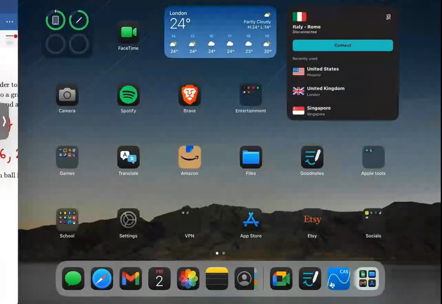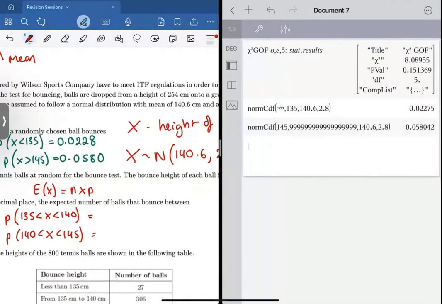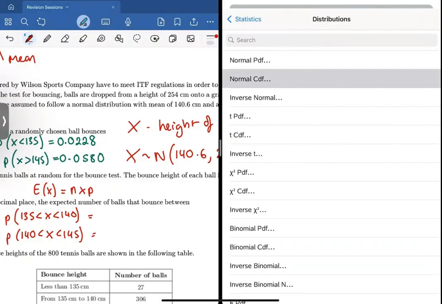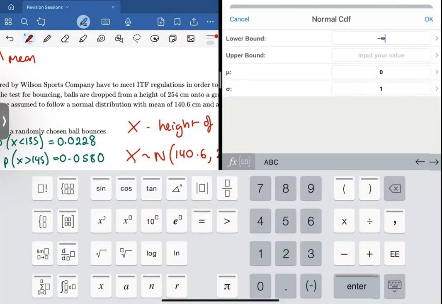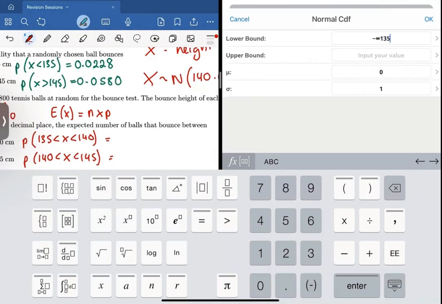My calculator again, and we're going to go to statistics, distributions, normal CDF. Now this time, my lower bound is 135, and my upper bound is going to be 140. 135, 140, 140.6, and 2.8.